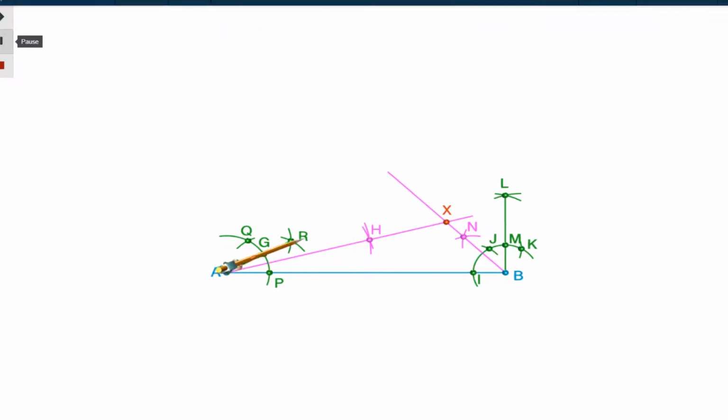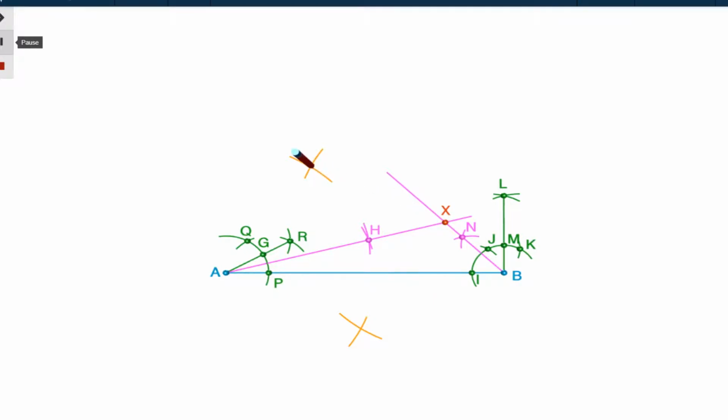Now the perpendicular bisector of AX. Bisect AX perpendicularly. A perpendicular bisector of a line segment passes through the midpoint of the line segment and intersects the line segment at 90 degrees. So we are bisecting AX with centers A and X and radius more than half of AX, and draw an arc above the line and below the line, and both these arcs intersect at some point.